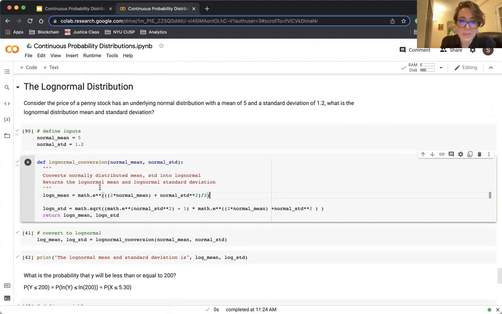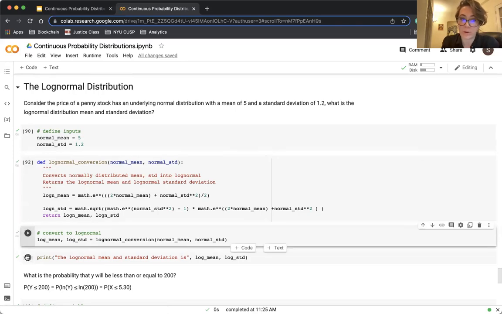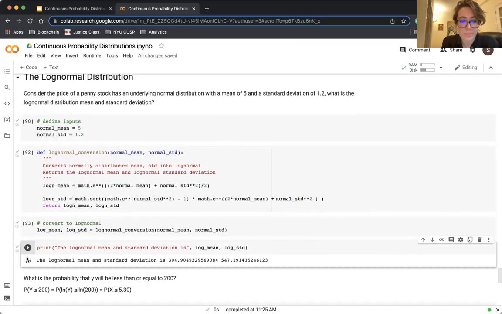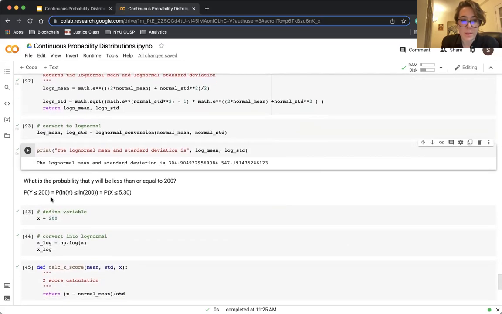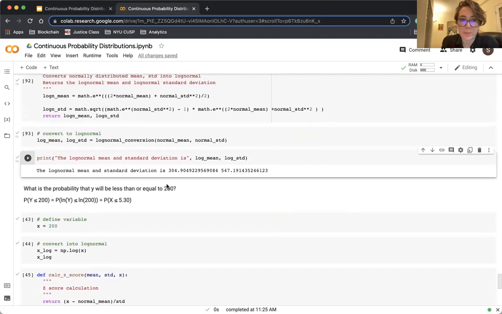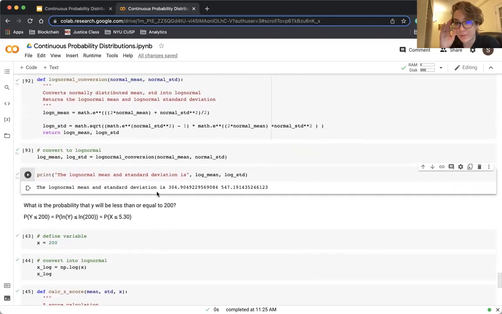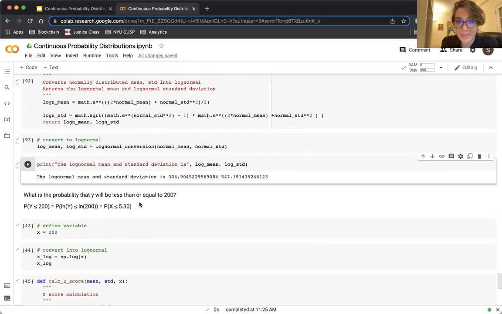And essentially it's just taking these values and skewing it to be log normal. So that's kind of what's going on behind the scenes, where this function would take a normal mean and normal standard deviation and convert it to a log format of it. So now this would capture that tailedness of something that we might expect to see.